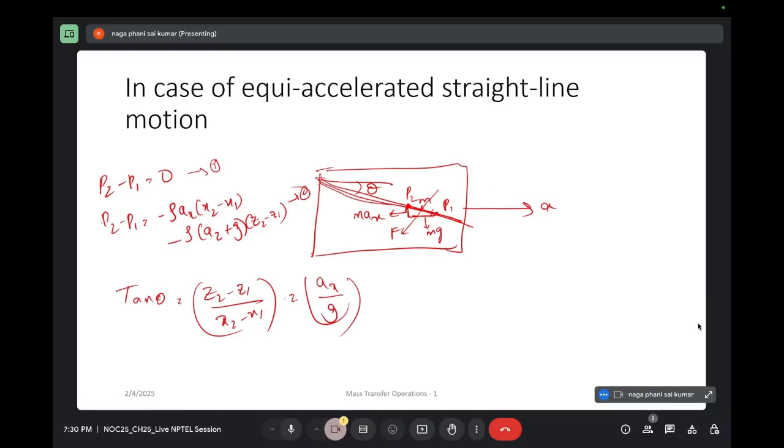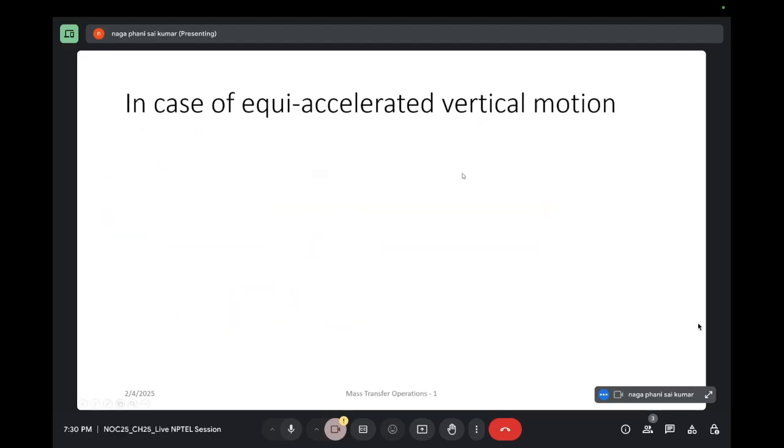This is how you can resolve forces when the body is moving in a straight line. There is also a case where the body is accelerated in the vertical direction. When it is moving in the upward direction, what happens? Let's consider a liquid stream or mass of liquid moving in the upward direction with acceleration Ax.